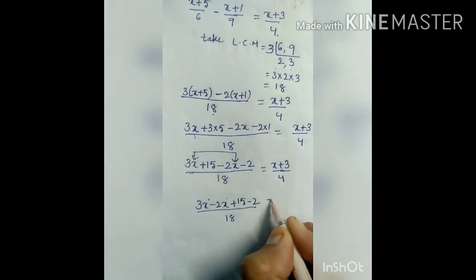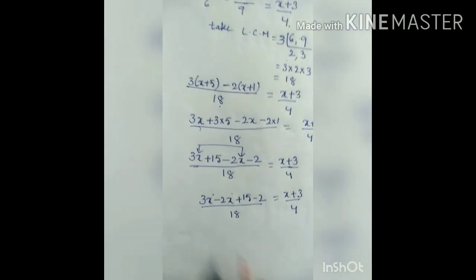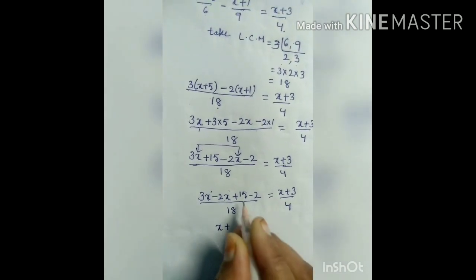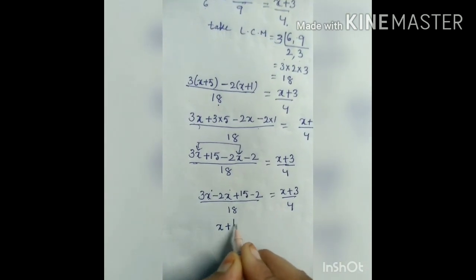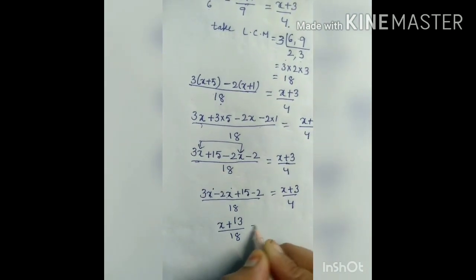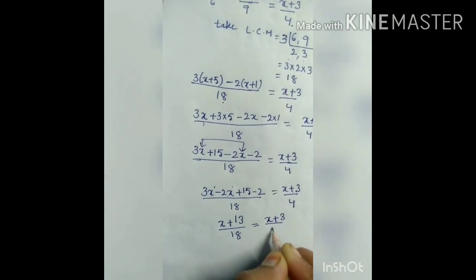Equal to x plus 3 by 4. 3x minus 2x is x, plus 15 minus 2, 13 by 18 is equal to x plus 3 by 4.